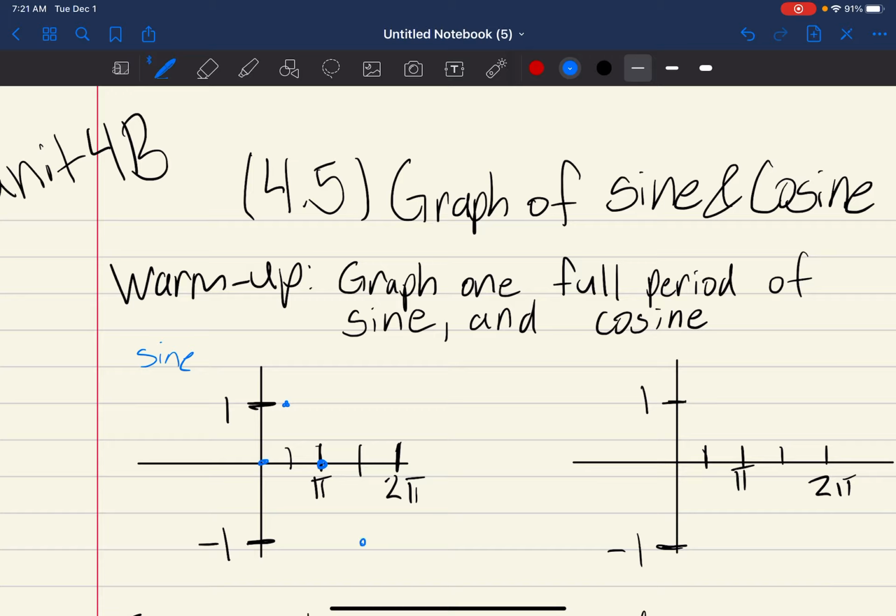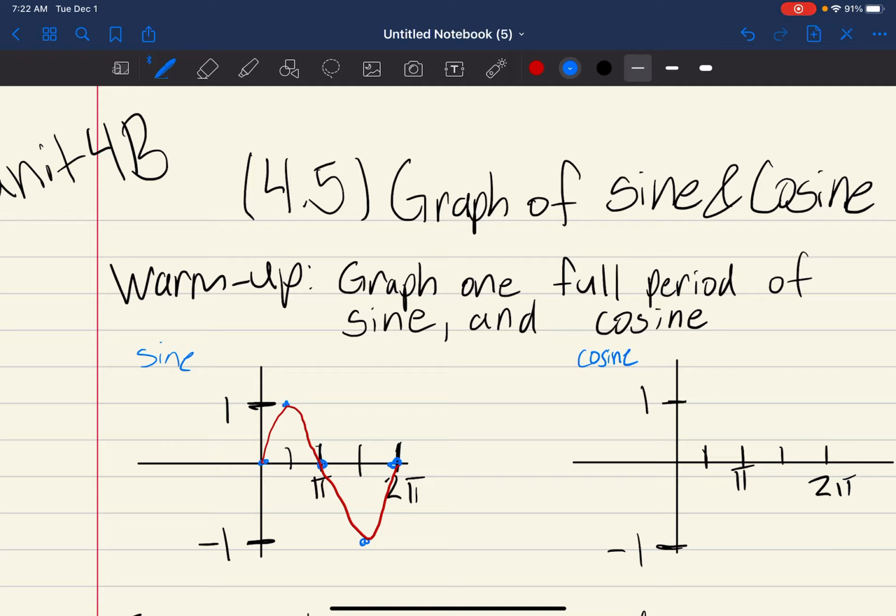At 3 pi over 2 is -1. And then at 2 pi is 0. Once you have those points, you can just connect the dots like that.